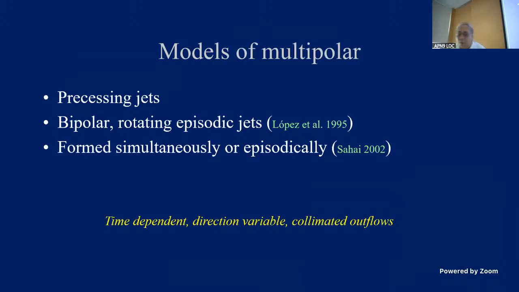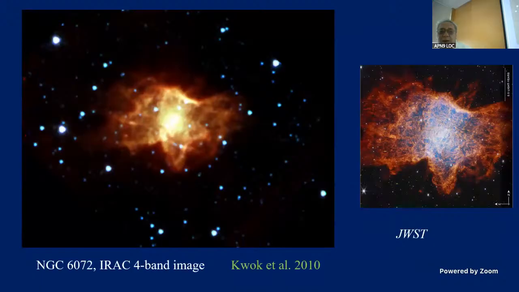And well, I'm not going to have time to go into the physical origins of these structures, but probably they have to do with either simultaneous ejection into different directions or episodic ejections. So we are talking about time-dependent, directionally variable, and coordinated outflow. So it's more complicated than the spherically symmetric stellar winds that we have known for a long time.